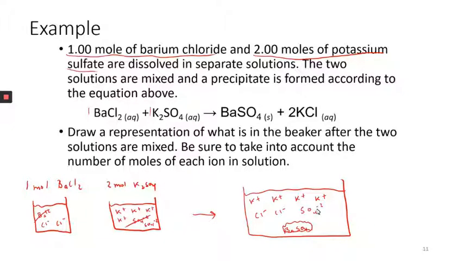Okay, and that is what it would look like if you could zoom in and see the inside of your beaker. Okay, here we are modeling. Modeling is a big part of the AP curriculum. So if you're confused with how to do the modeling, please let me know.